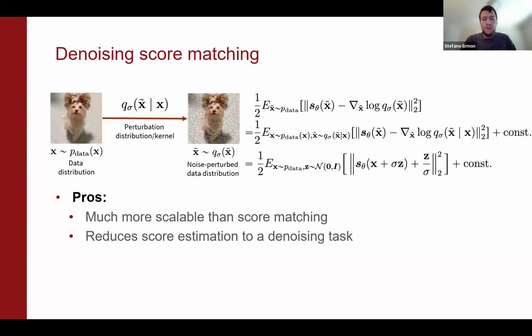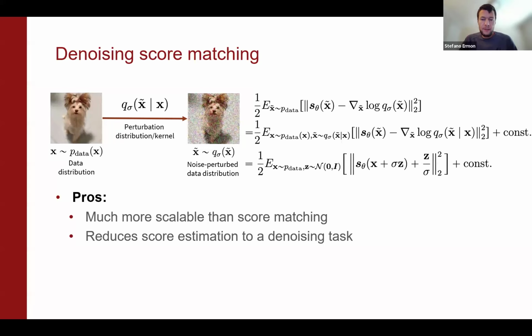Essentially, the best way to denoise an image is to follow the gradient of the log likelihood of this noise perturbed distribution q sigma and try to go towards higher probability regions. And so that's where the connection between scores and denoising shows up. So that's great because denoising is a relatively simple problem. We can train neural networks to solve denoising tasks. And by doing that, we're learning the score.